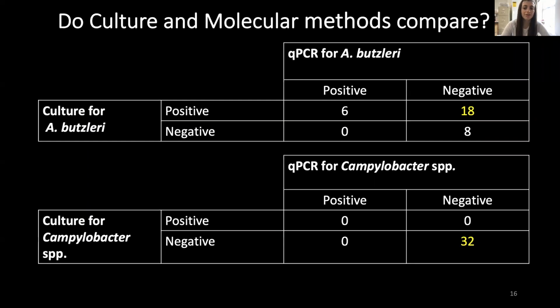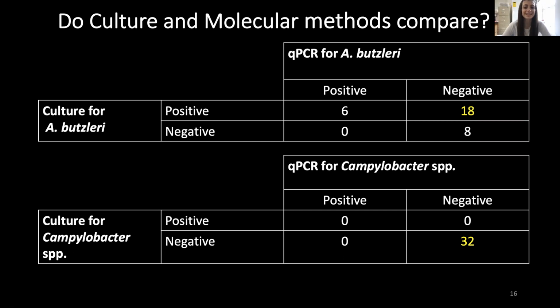So we did a comparison between our culture and molecular methods to allow us to see how accurate our molecular methods really are. And we are confident in our molecular methods for Campylobacter due to the fact that when we culture for Campylobacter, we also cannot find it. However, for Arcobacter, culture and molecular were both positive 6 times out of 32.